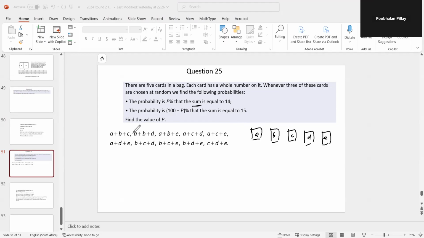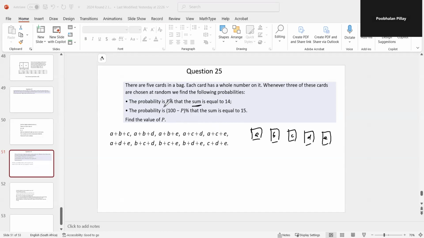I put A, B, and then C, and then A, B, and D, then A, B, and E. So I take the first 2 and fix them at A and B. Now we finished with all the A and B together. So A and C, and then it'll be D, A, C, and E. Right? And then after that, I take A and D, and so on. And you will see that there are 10 possible sums.